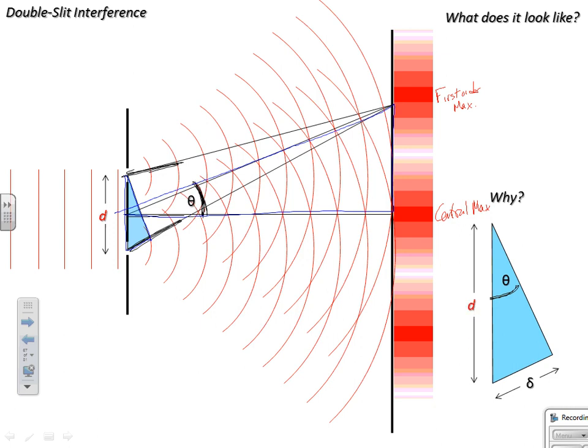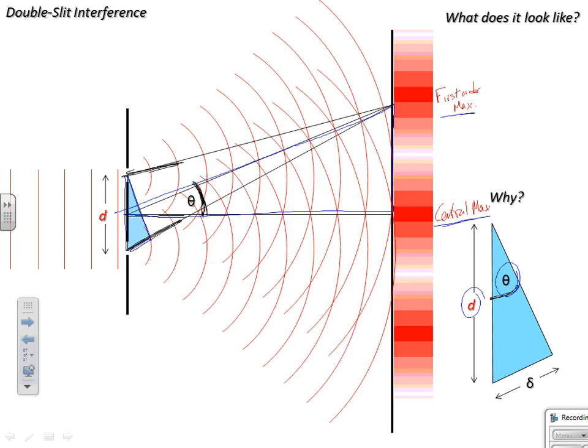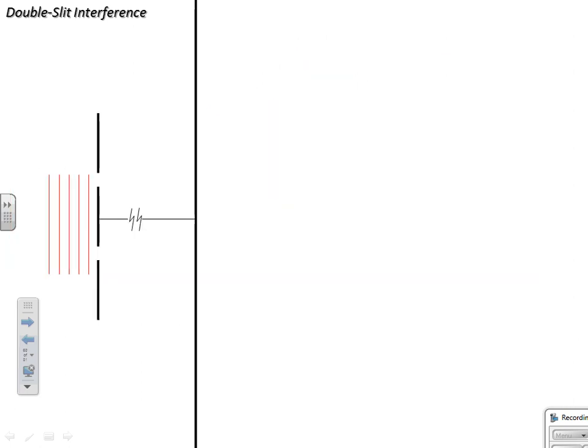So there's the distance between the slits, lowercase d, and here's this angle that exists between the central maximum and the first order maximum. And we're going to relate those. I think we'll do it in the next slide.